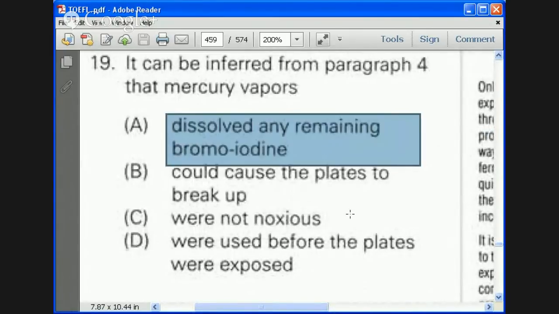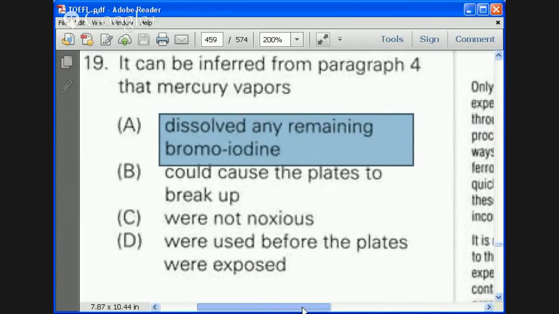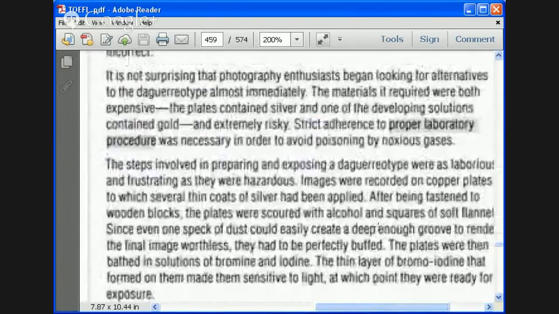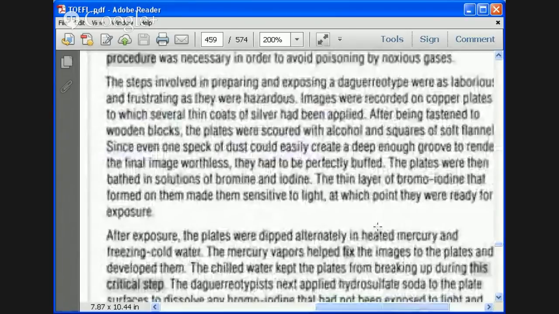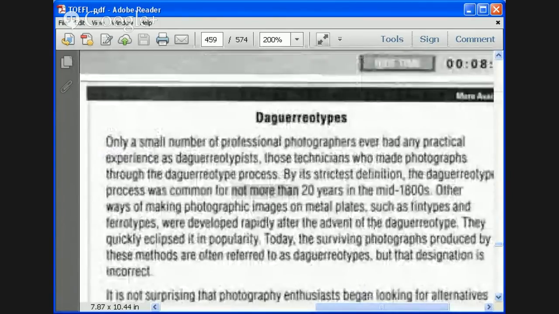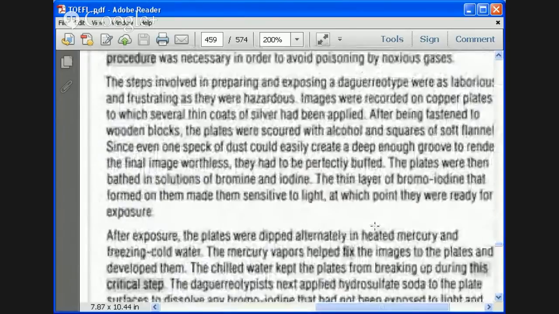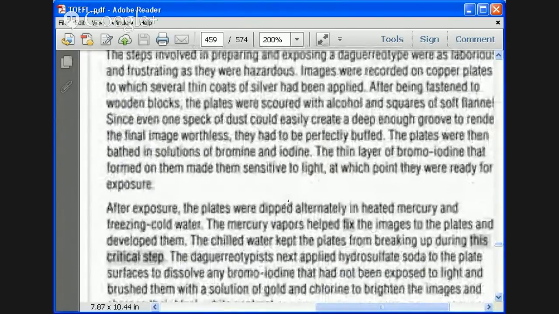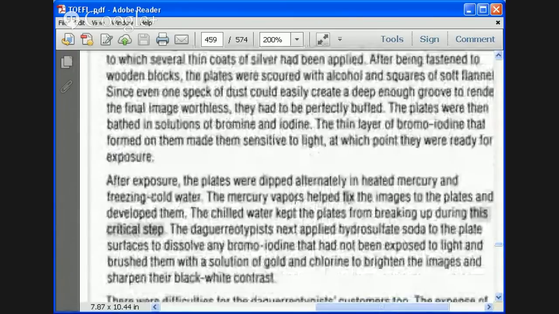But no, they didn't dissolve the bromoiodine. Again, the hyposulfite or whatever it is. Does anybody see any information which I'm not seeing? Or are we going to have to search?